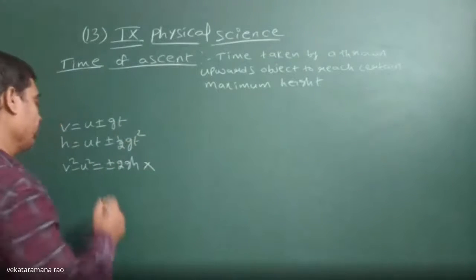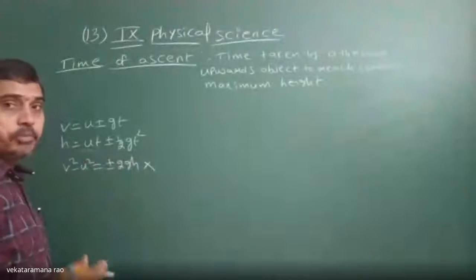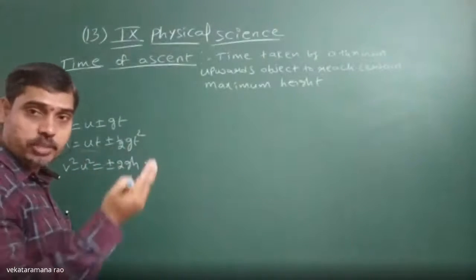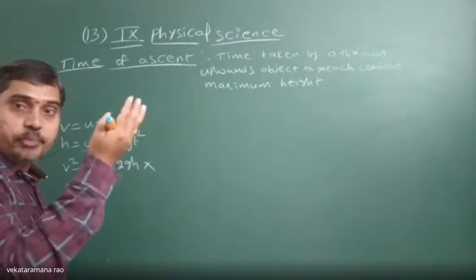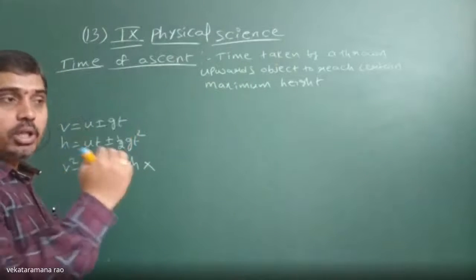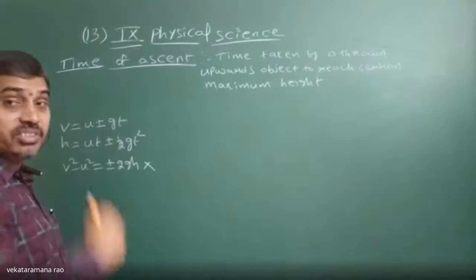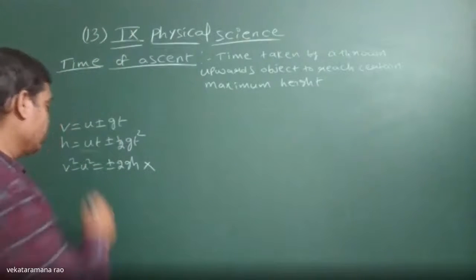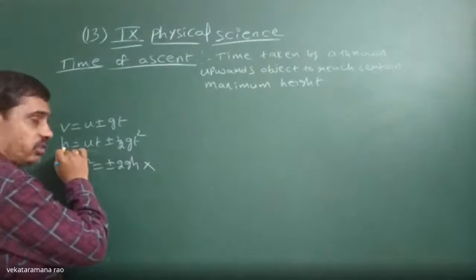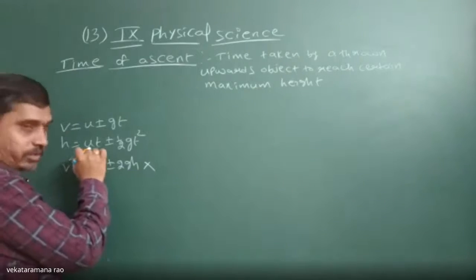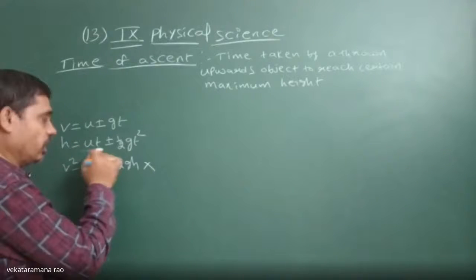Now here, in the second equation, we should know h also. Before throwing an object, can you know how much maximum height it reaches? That means h is an unknown factor for us. Only u is a known factor, and we have to find a formula for t.